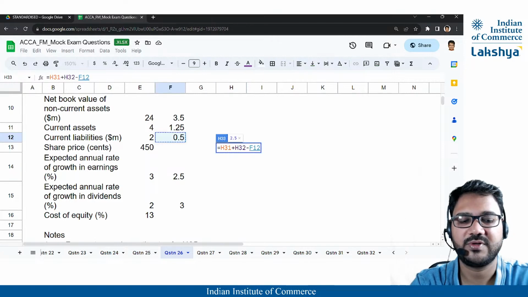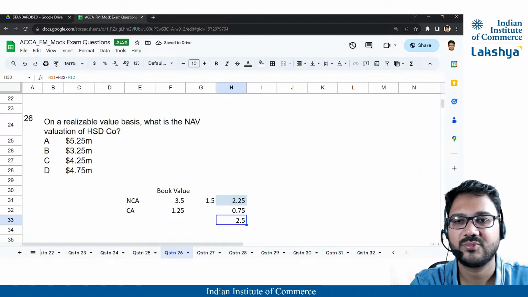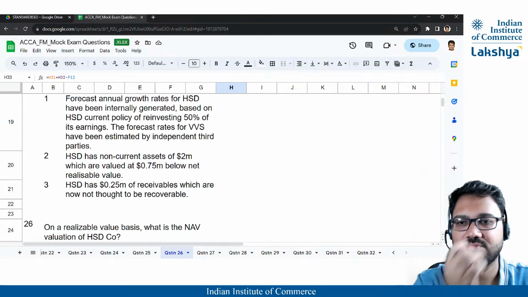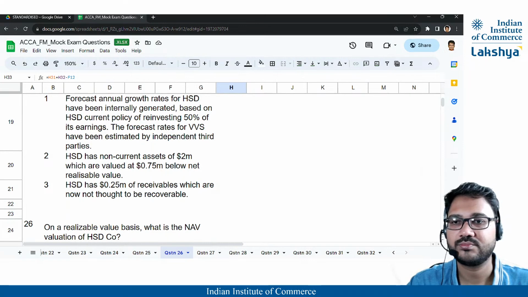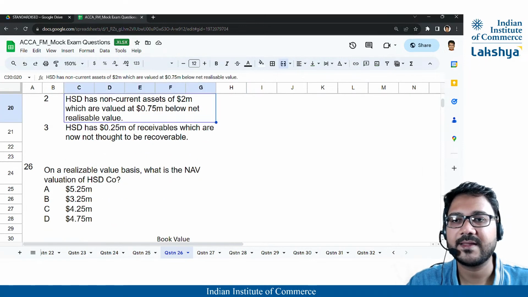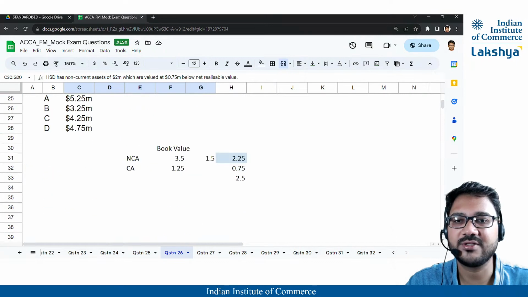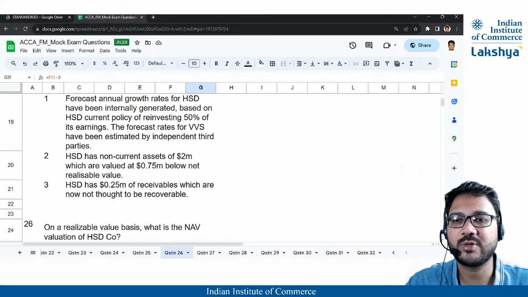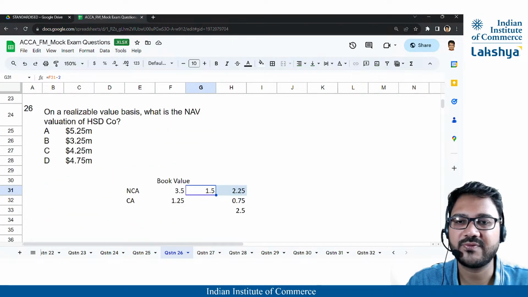So minus 0.5. Am I missing out on something else? Oh, sorry. It's valued at 0.75 below net realizable value. So 2 million is just below 0.75 million. So it's reduced by 0.75.